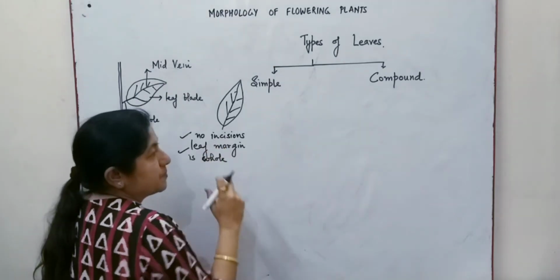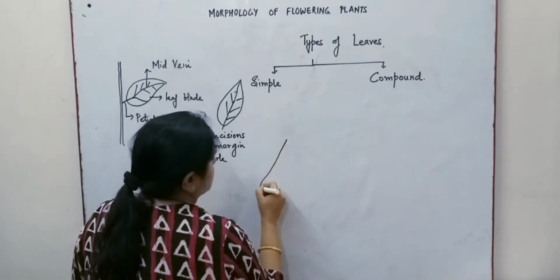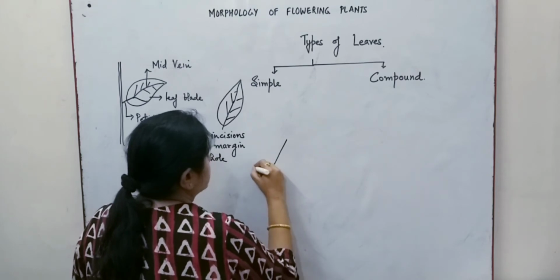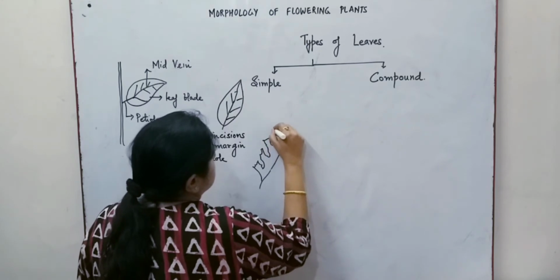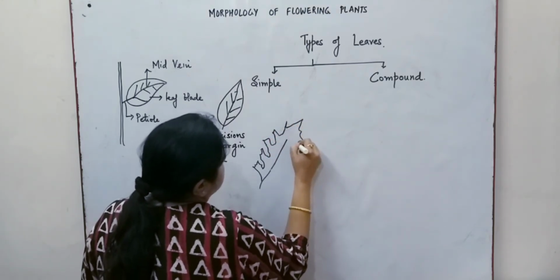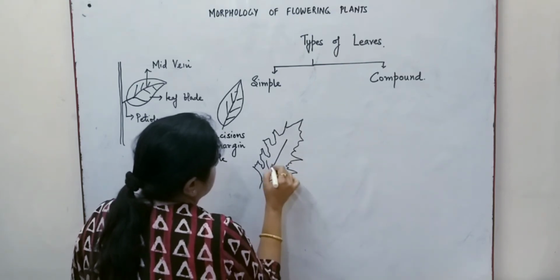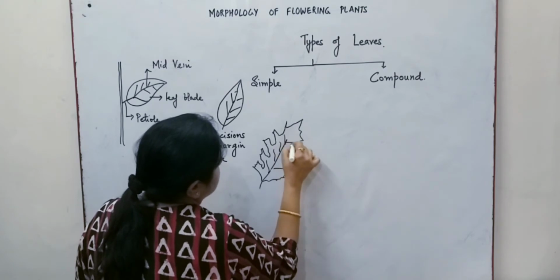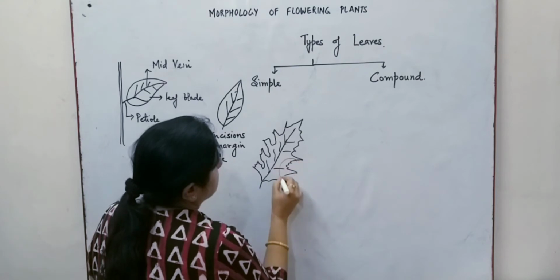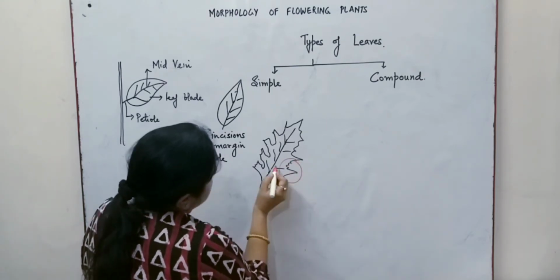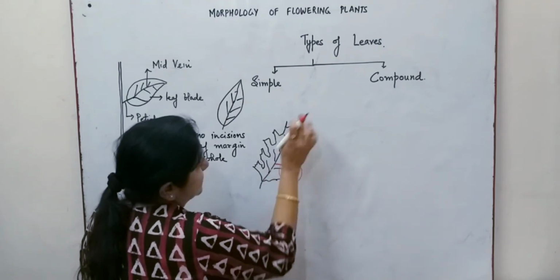Now, in the case of simple leaves also we find certain variations. If the leaf is showing incisions, then also the incisions are not reaching up to the midrib. So you can see over here, these are the incisions, but these incisions are not reaching up to the midrib, and this is an intact structure.